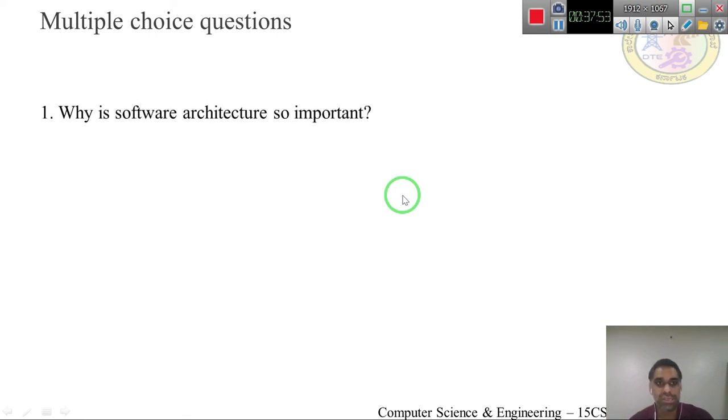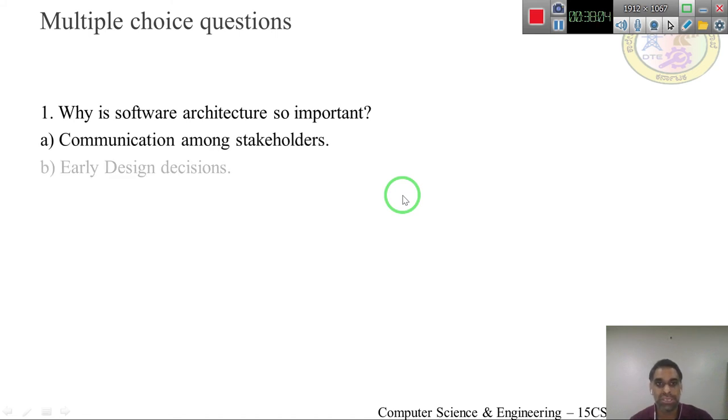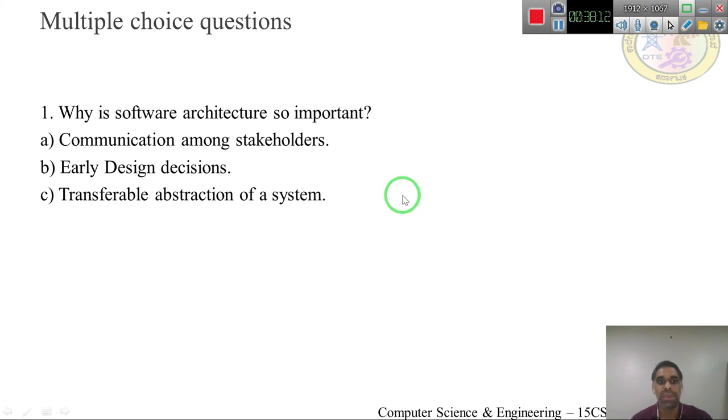So let us discuss the first question. The first question says, why is software architecture so important? Is it because it provides communication among stakeholders, or is it because you get early design decisions, or is it because transferable abstraction of the system happens, or all of the above?